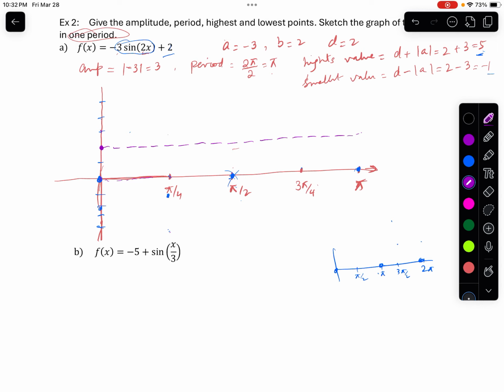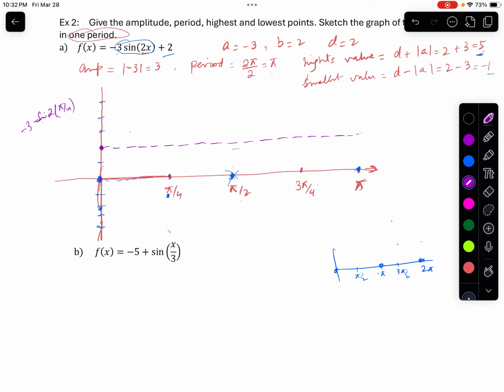At pi over 4 you can plug in sine of 2 times pi over 4, which means sine of pi over 2, which is 1, and we have -3. So -3 times 1 is -3, plus 2, then -1.